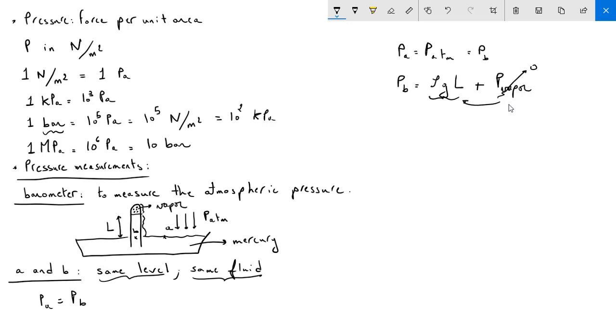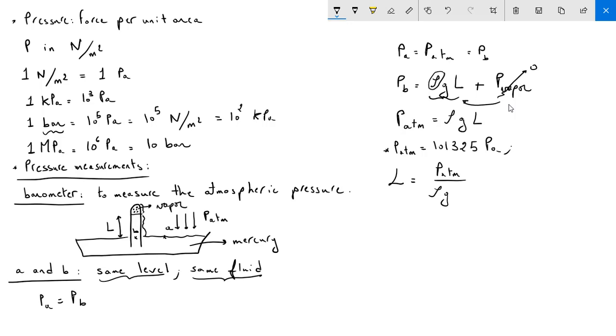You know the density of liquids is much higher than the density of vapor. So we can approximate that PB, which is equal to P atmospheric, is equal to rho of mercury times g times L. If we take the example that the atmospheric pressure is equal to 101,325 Pascal, then this will give us a length of P atmospheric over rho g.